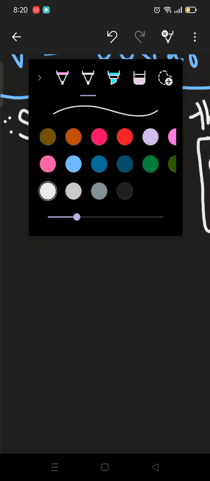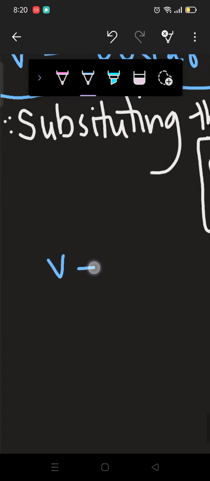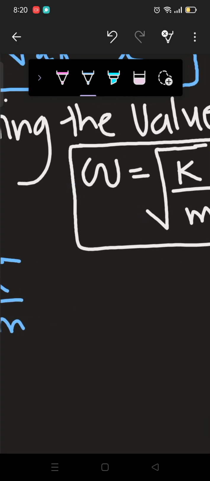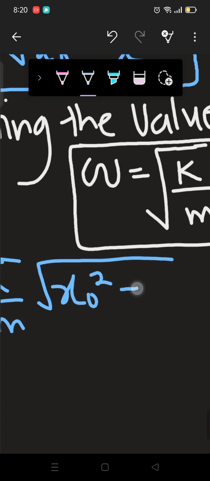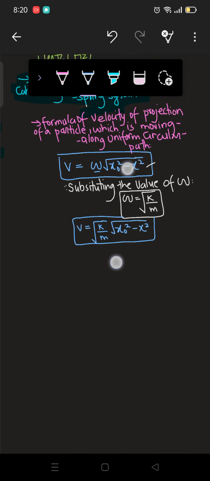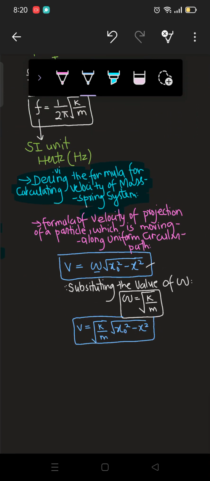So what we're going to have, our final formula, is v is equal to under root k over m into under root x naught square minus x square. This is our final formula for finding the velocity of the mass spring system, or velocity of a motion under elastic restoring force.